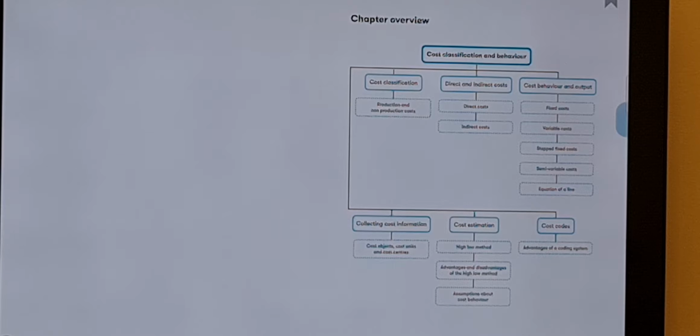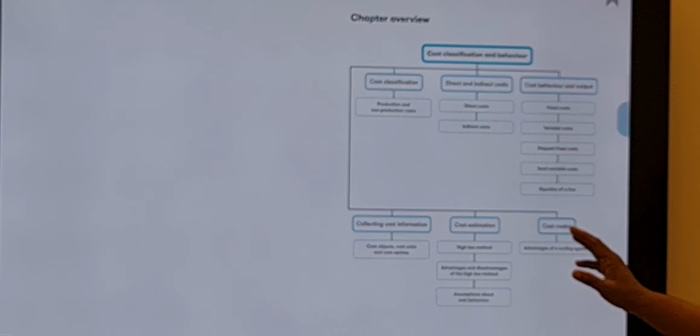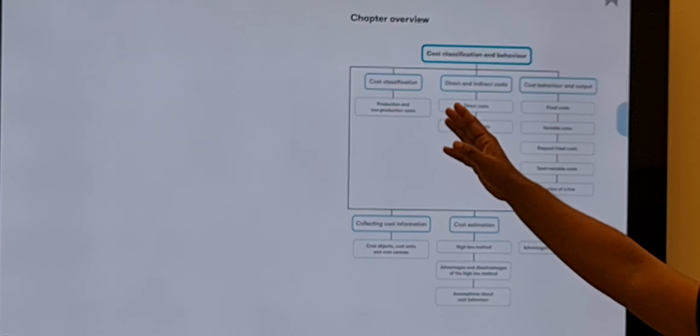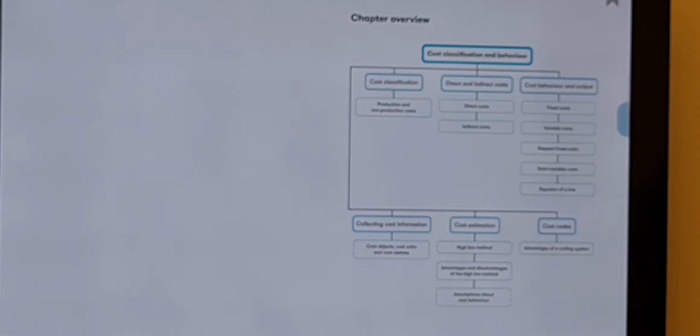This is about chapter number 3, cost classification and behavior. It will normally be divided into these different areas: cost code, cost estimation, collecting cost information, cost classification, direct and indirect cost, and cost behavior and output.